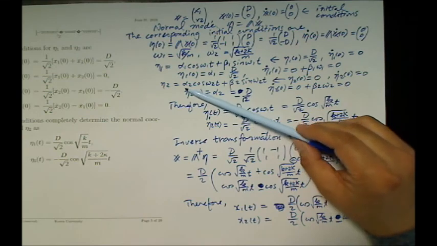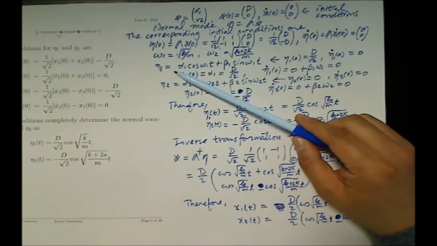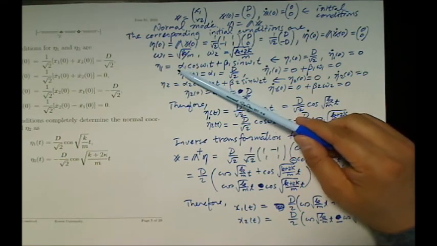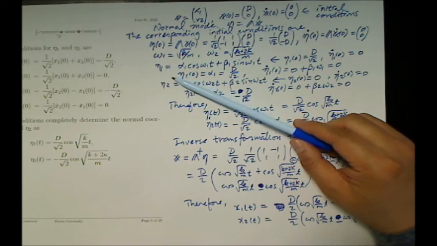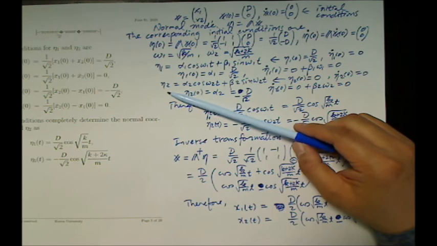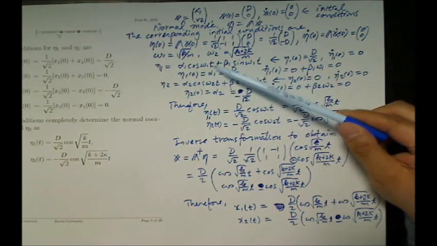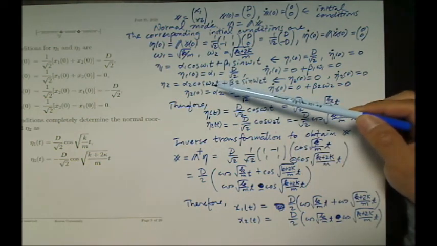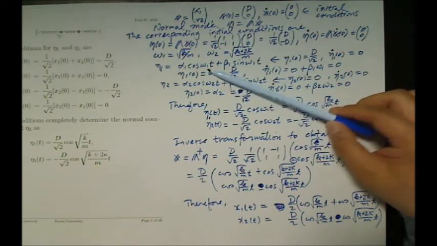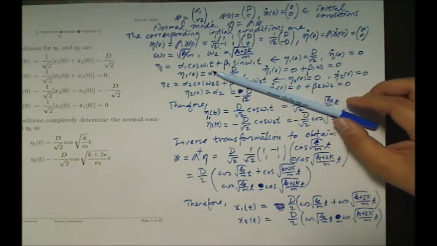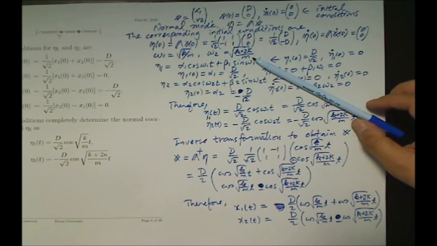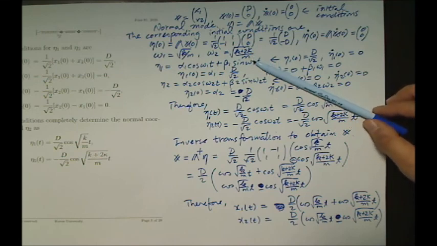So in here, we can make use of the general solution for the homogeneous equation for eta 1 and eta 2. Eta 1 has a frequency omega 1, that is square root k over m. Eta 2 has a frequency omega 2, that is square root k plus 2 kappa over m.